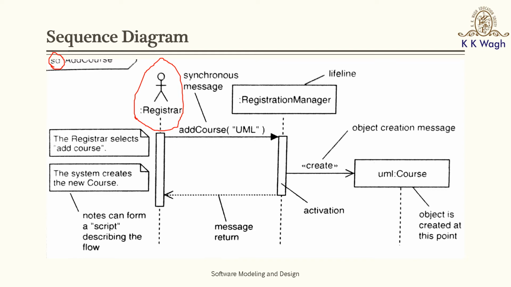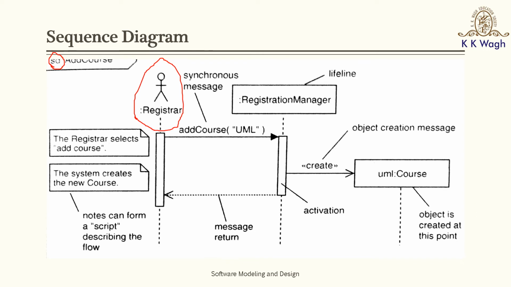It sends the message add course UML to registration manager, which invokes its add course operation with the parameter UML. During the execution of this operation, registration manager has focus of control. However, notice that this focus of control is nested within the focus of control of the registrar actor.